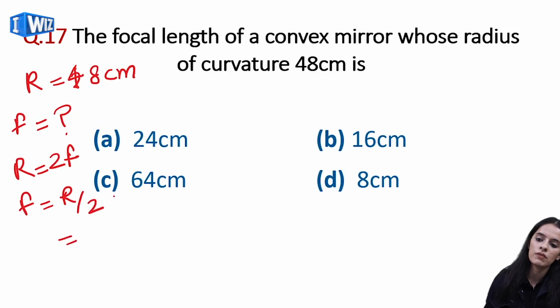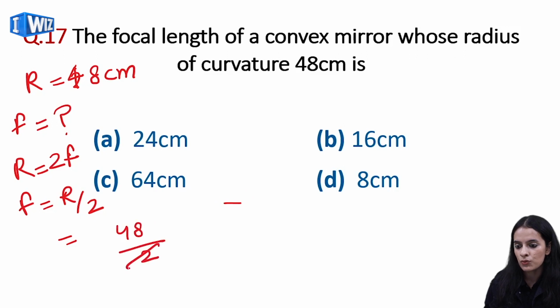In the case of a convex mirror, focal length is always positive, because the focus is to the right. So radius of curvature is given, 48 by 2, will be 24 centimeter. So what's the right option?